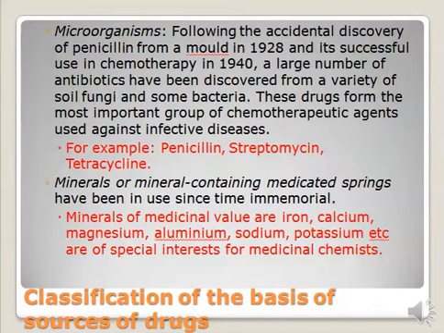The minerals of medical value include iron, calcium, magnesium, aluminum, sodium, potassium, etc., and they are of special interest to the medicinal chemist. So this is all about the classification on the basis of sources of drugs.